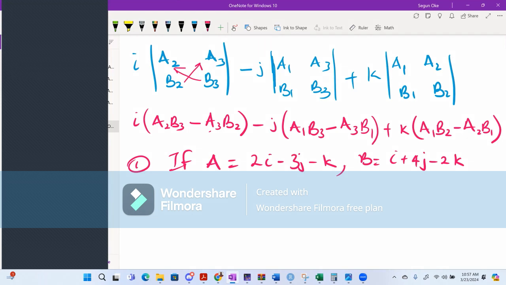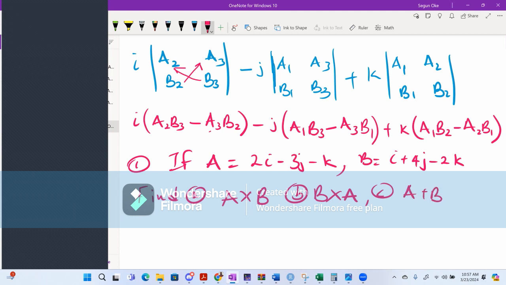The question says, find A, A cross B; B, B cross A; C, A plus B plus A minus B. Right.